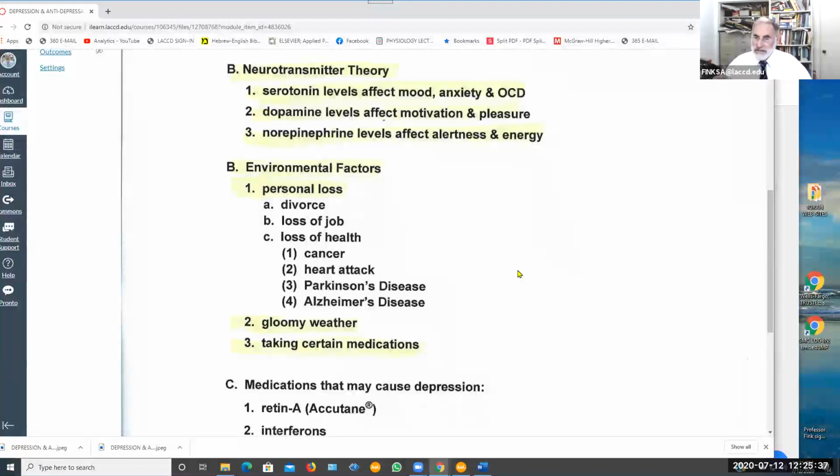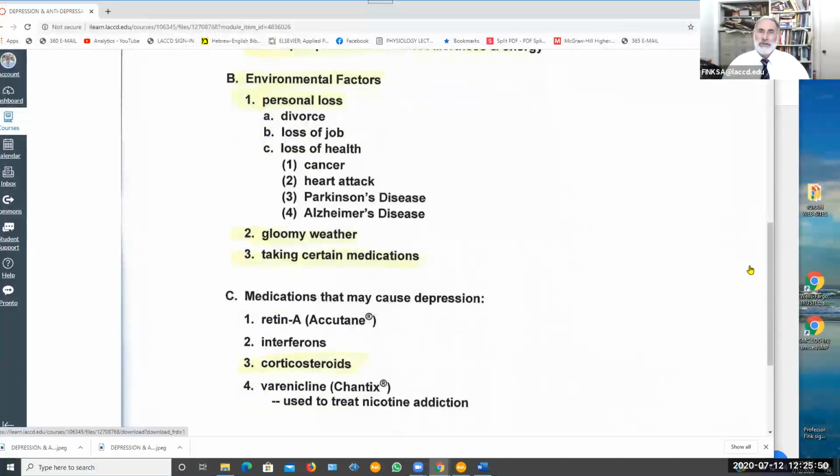These can be devastating when one is diagnosed with these, and commonly results in depression. Now, another environmental factor that can lead to depression is gloomy weather. And in fact, there's a category of depression called SAD, seasonal affective disorder, we'll get to in a moment, that is related to too much exposure to gloomy weather.